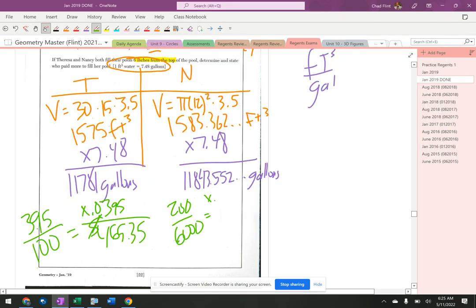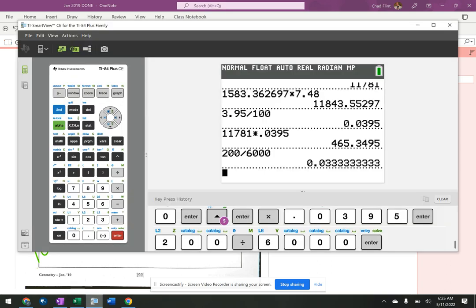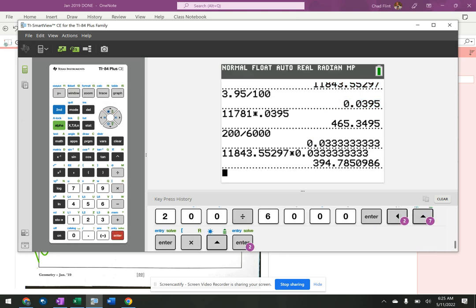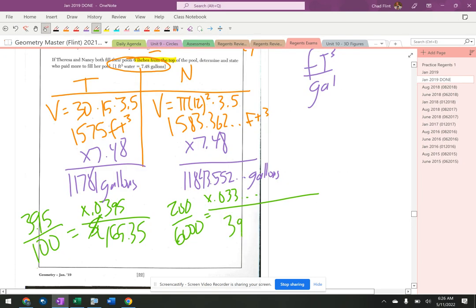So times 0.033 repeating. I need that number times that number: 394.785, or rounded to the nearest tenth, 394.8. So Nancy's cheaper.